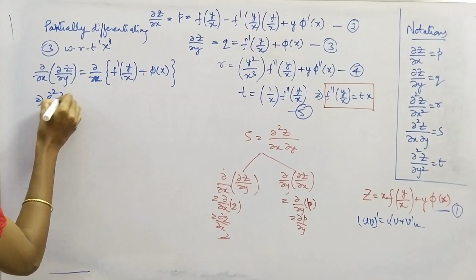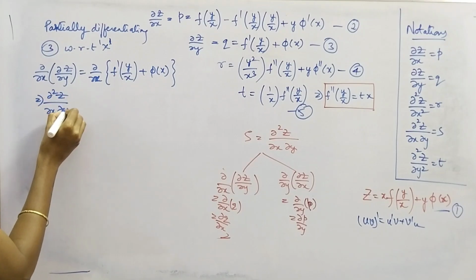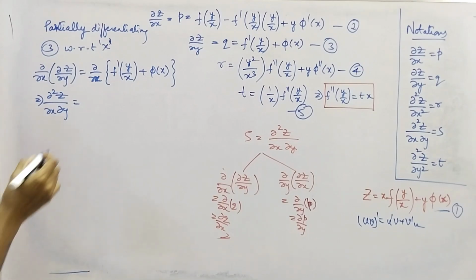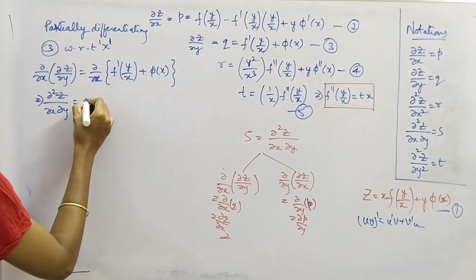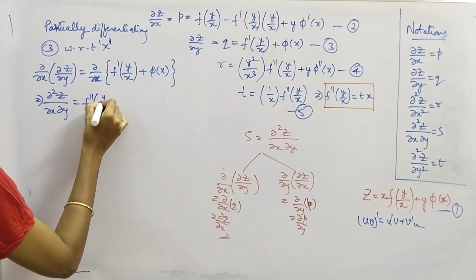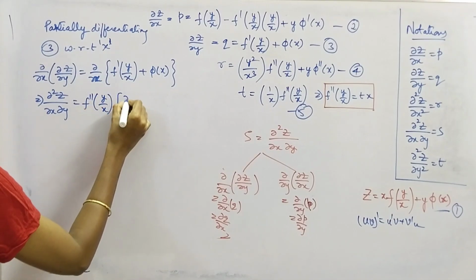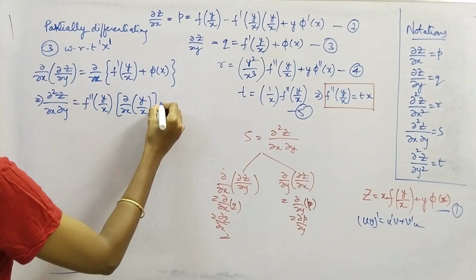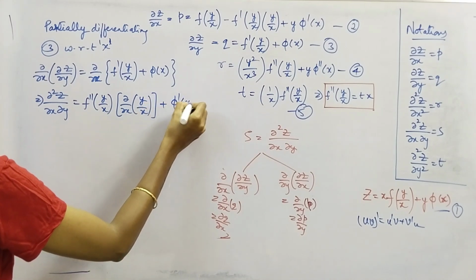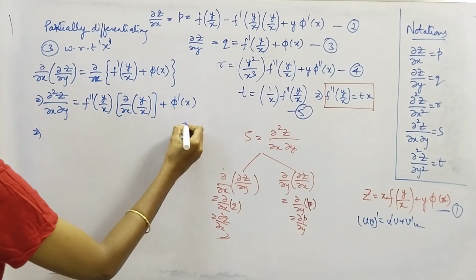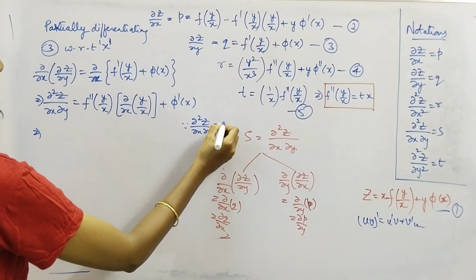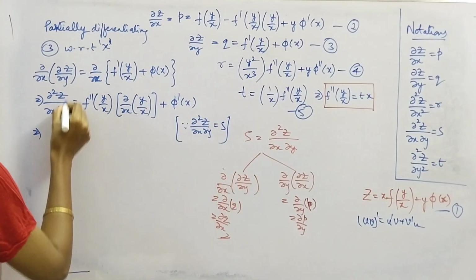This gives us dou square z by dou x dou y equal to, here we are partially differentiating with respect to x, so we'll treat y as constant. The partial derivative of f dash of y by x is f double dash of y by x into the inner derivative dou by dou x of y by x, plus the partial derivative of phi of x, which is phi dash of x. Since we know that dou square z by dou x dou y is equal to s, we'll replace it by s.